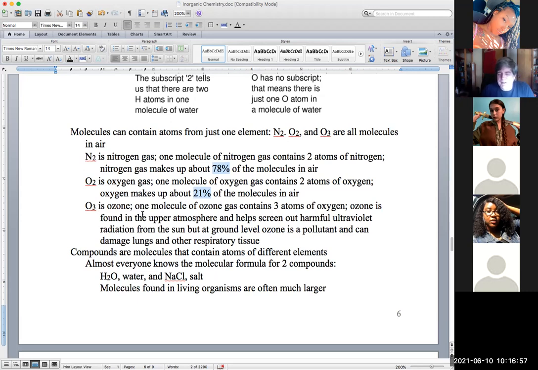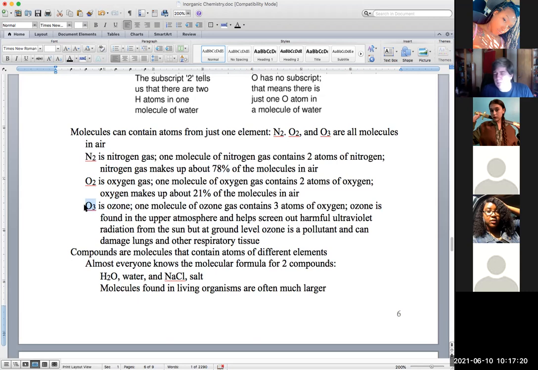So there's just barely anything else. Now, another type of gas that's found in air has the formula O3. And O3 is a molecule called ozone. Whereas O2 only has 2 atoms of oxygen, O3 has 3 atoms of oxygen.